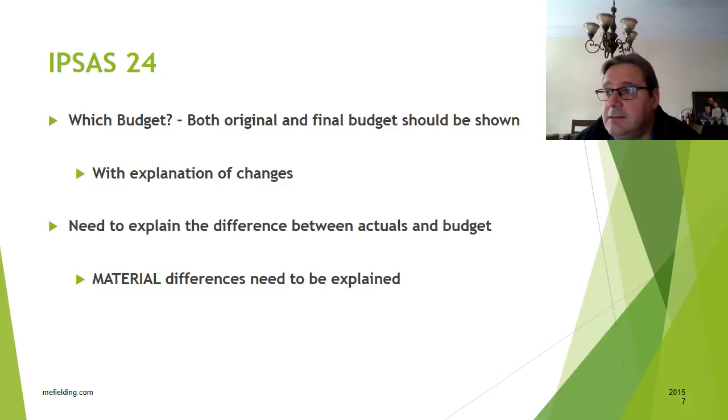In that case, your major reconciling item will be the fact that they haven't paid the money across. Very few governments will want to show that, so what they will probably do, I imagine, is just update the budget itself. But the point there is, which budget do we actually use? In reality, my logic tells me you're supposed to use the final budget, but the standard says you have to use other interim budgets as well.